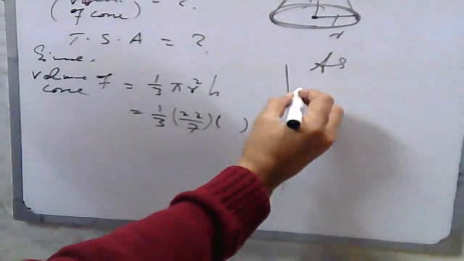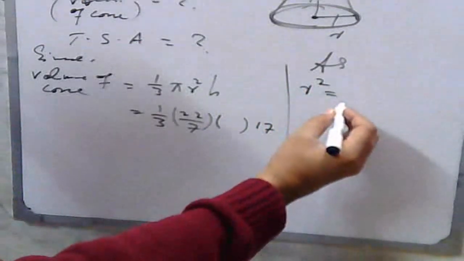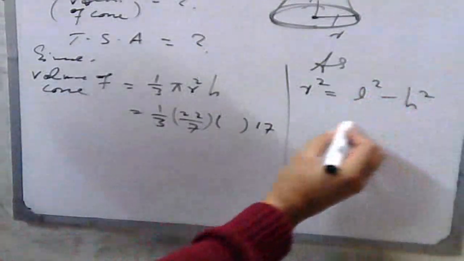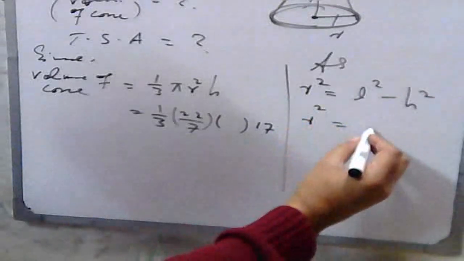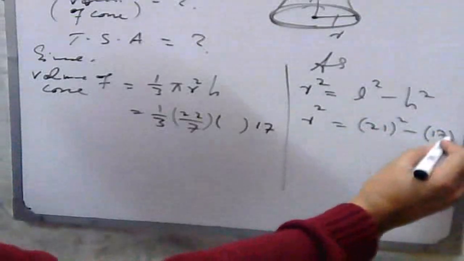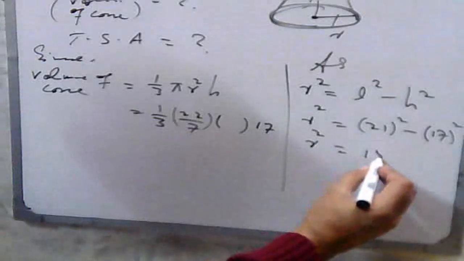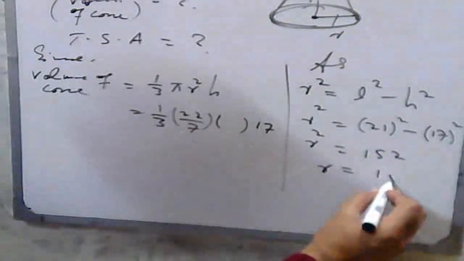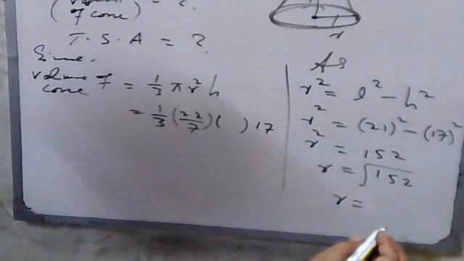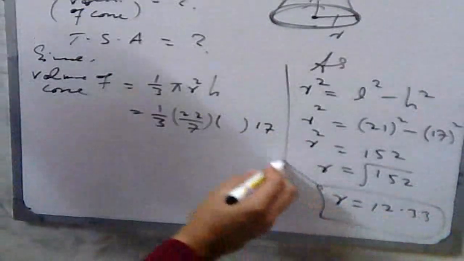By Pythagoras theorem, r square is equal to L square minus h square. L is 21 and h is 17, so r square is 152, and r is the square root of 152, that is 12.33.